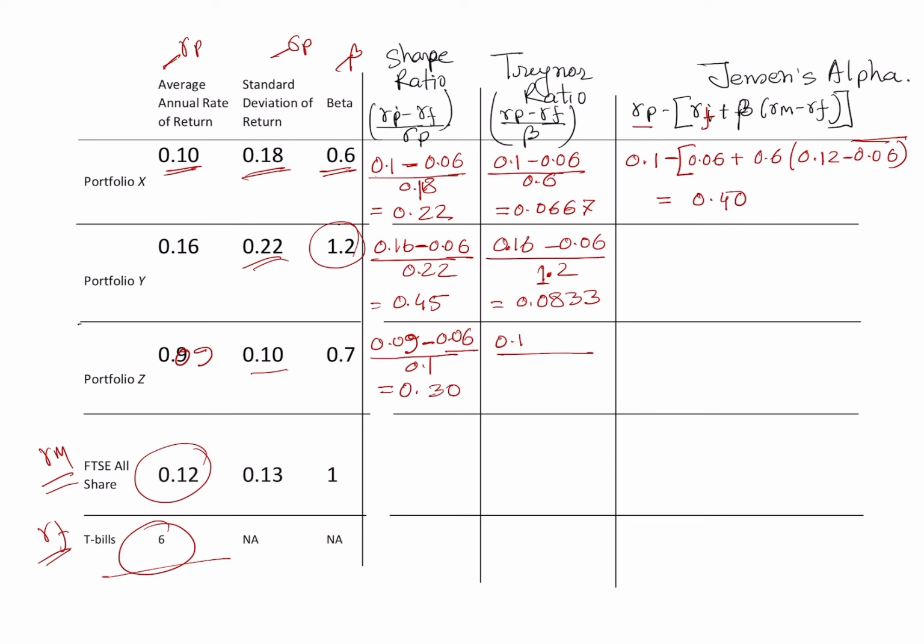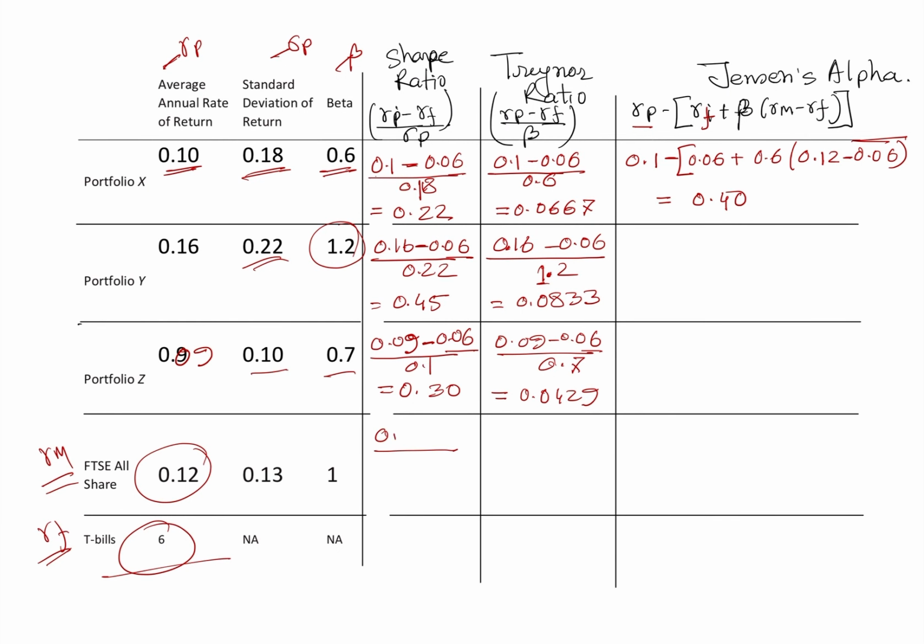And so 0.09 minus 0.06 divided by the beta 0.7, and that one is 0.0429. And for FTSE, you need to calculate this one as well because you want to compare.